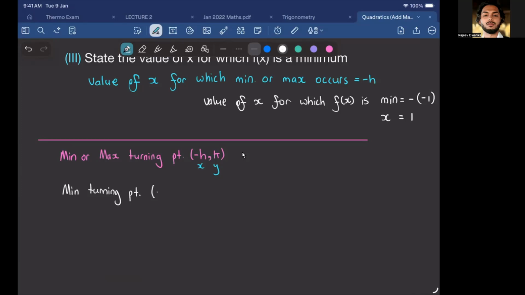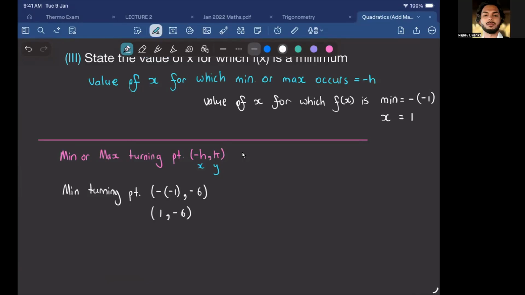So it's minus h. What did we find h to be, guys? -1. So minus -1 is 1. And what did we find k to be? -6. All right, so our point will be (1, -6).